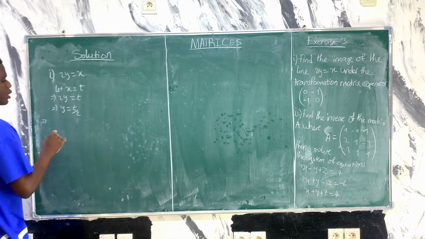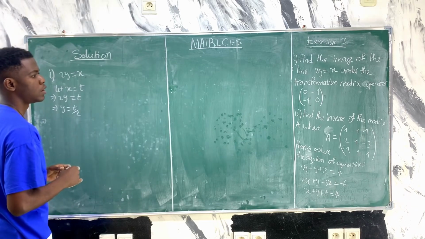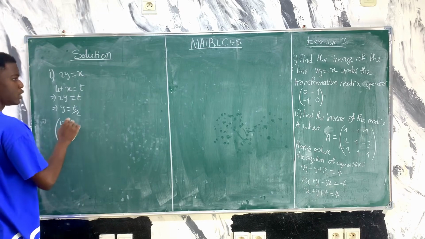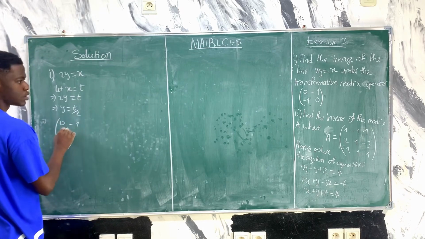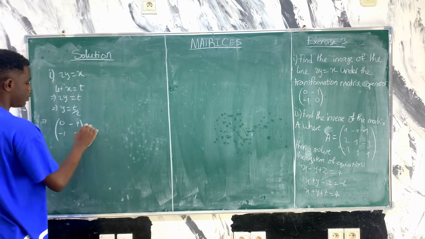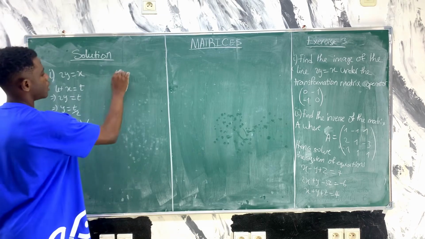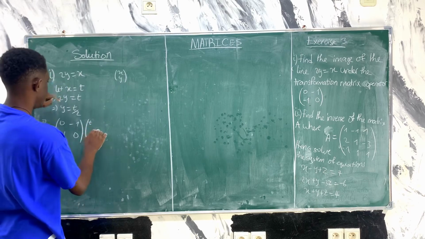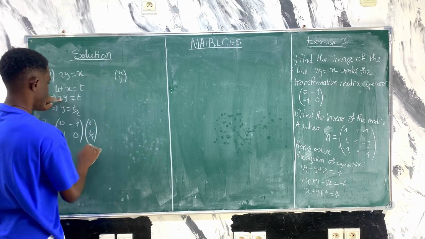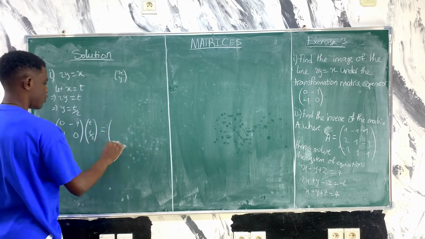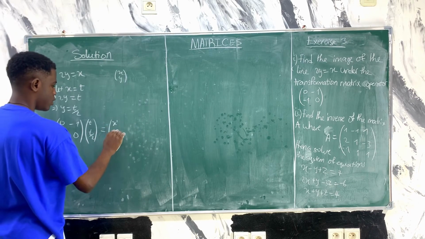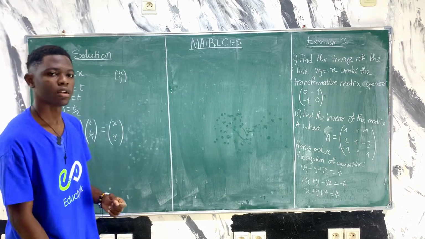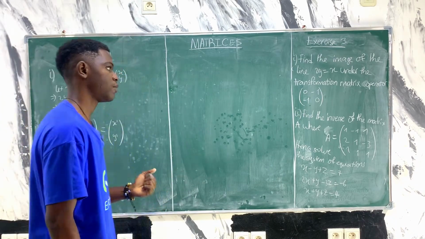This will imply, if you multiply that transformation matrix by xy, which is actually t and t on 2, we are going to have x prime, y prime, where x prime and y prime is the image of it.